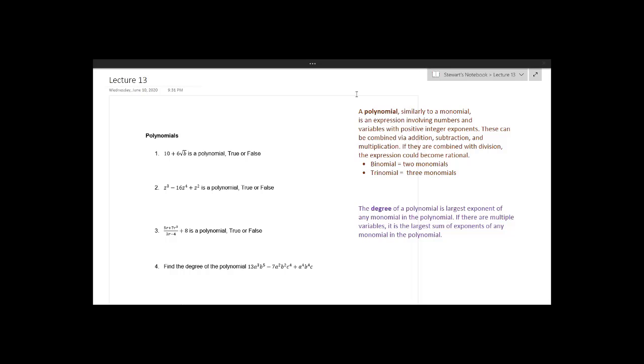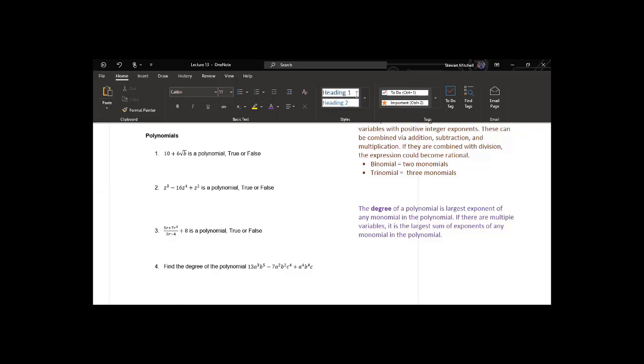But a binomial is two monomials. A trinomial is three monomials combined together. If they ask you to classify the polynomial, it could be classified as a binomial or trinomial, and an expression with four or more monomials is still a polynomial. But they might ask you to classify it if there's two or three of them.